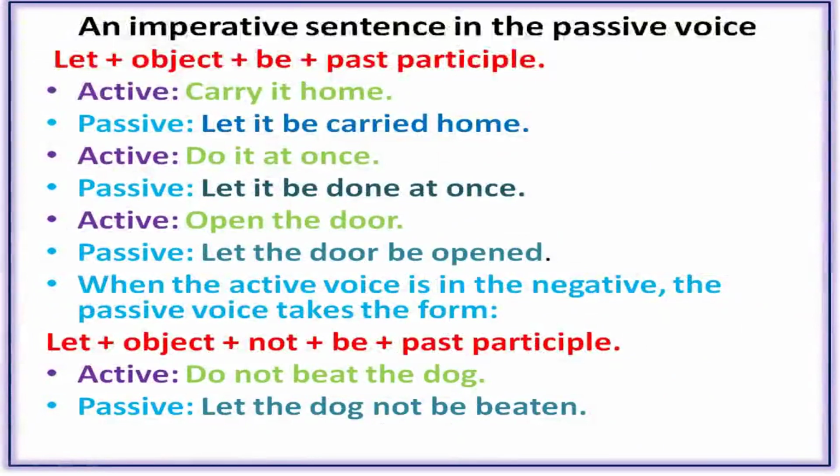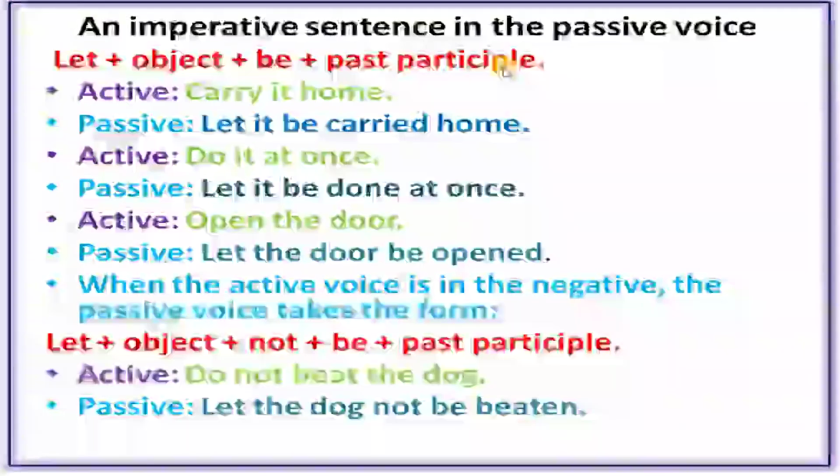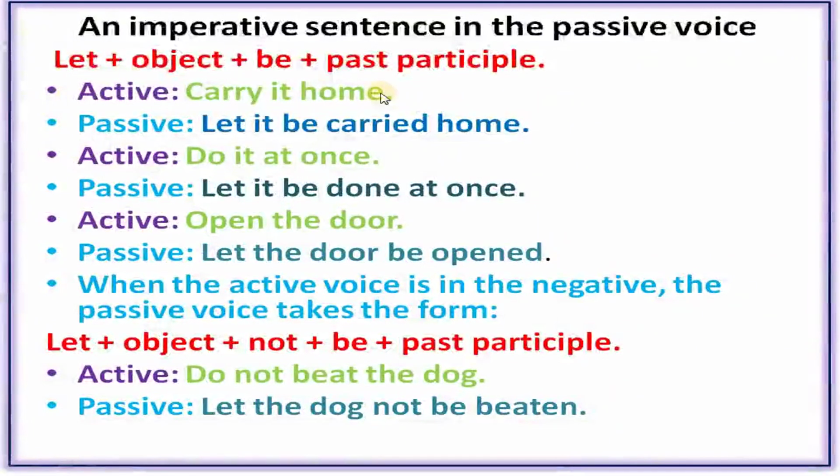Imperative sentences in passive voice: how to change them from active to passive. For imperative voice changing, the formula is let plus object plus be plus past participle. For example, the active voice "Carry it home."